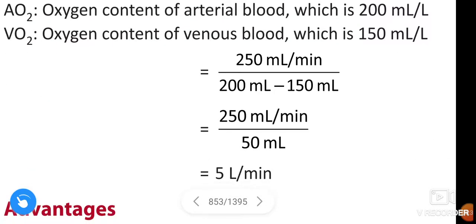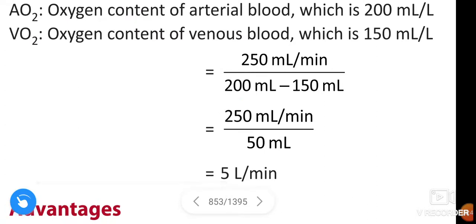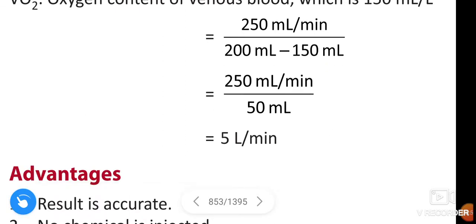In this equation, 250 is the oxygen consumption, and 200 minus 150 is the arterial oxygen content minus the venous oxygen content. The total value is 5 liters per minute. This is the cardiac output.